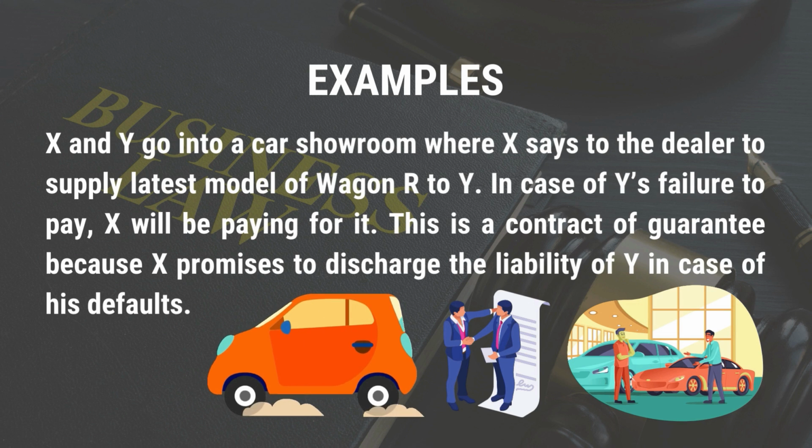Look at how these could be understood from the party angle. X is a debtor who needs the WagonR car. Y is a surety, right? Who is saying if X will not make payment, then he will make the payment. And the car company is a creditor who is supplying the latest model of WagonR to X.